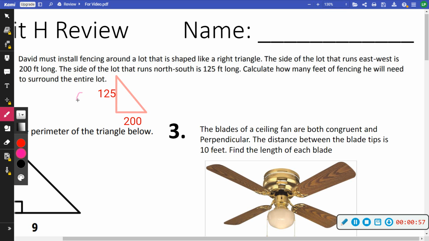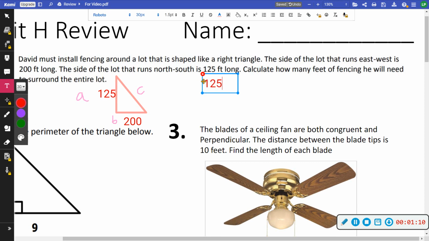We'll let this be a, this be b, and that be c, which is what we're trying to find. So when I set this up, I would have 125 squared plus 200 squared equals c squared.